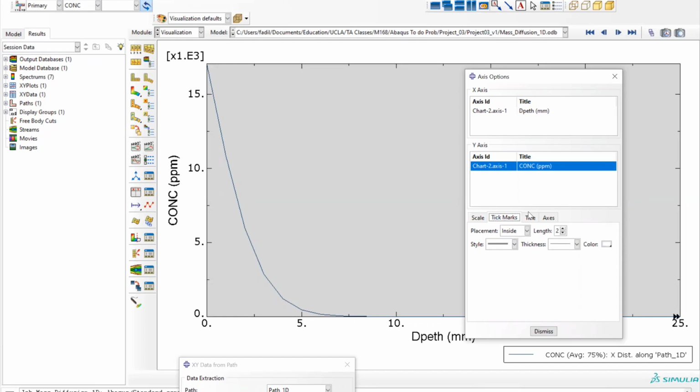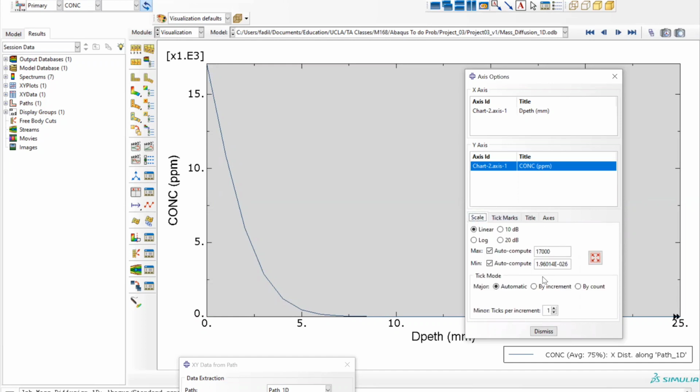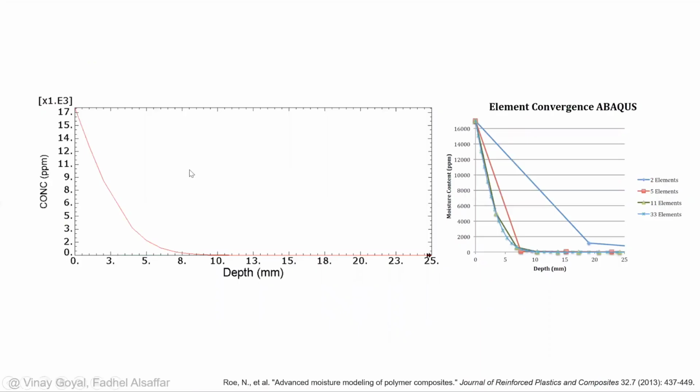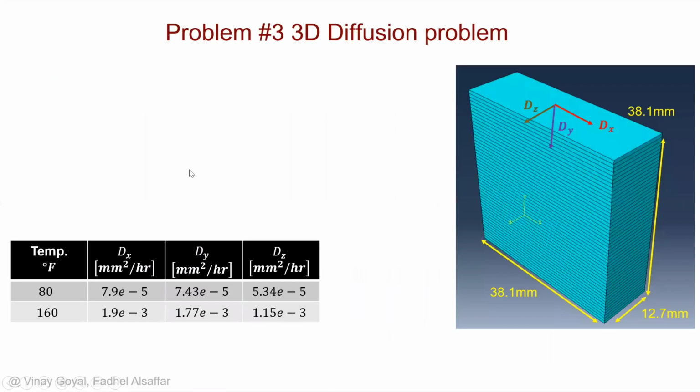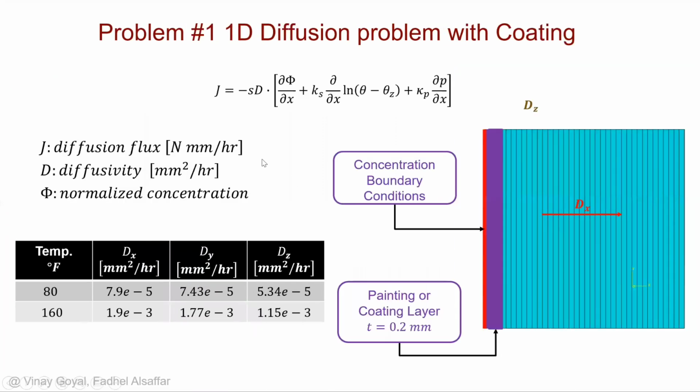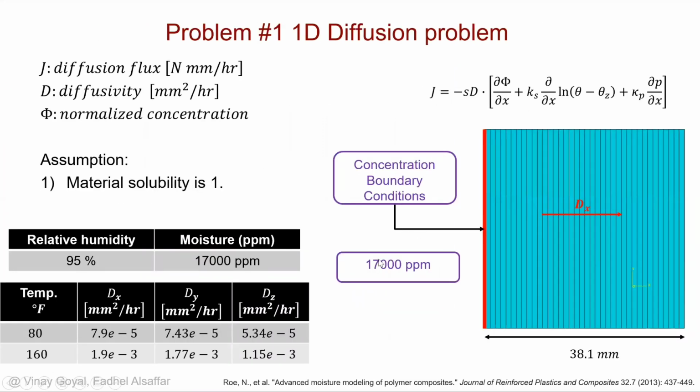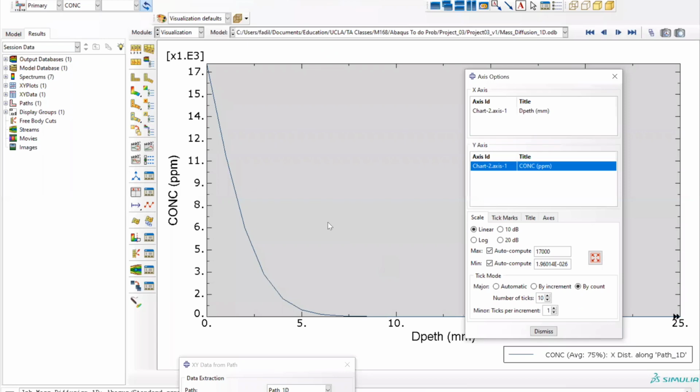We can have a bit more ticks here, by count. So if we do this, I believe here's the 17. That's what we said, a value of 17 E3 from the slides, and that's what we see here.